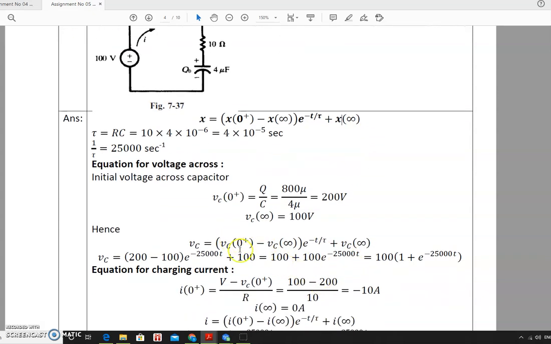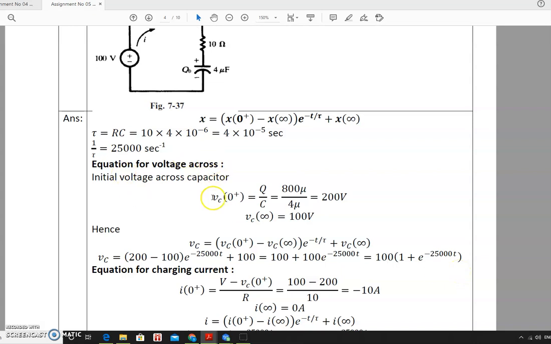Substituting, Vc at 0 plus is 200 and Vc at infinity is 100, so 200 minus 100 times e raised to minus 25,000 t, plus 100. This comes as 100 plus 100 e raised to minus 25,000 t. Taking 100 as common, the voltage across the capacitor is 100 (1 + e raised to minus 25,000 t).